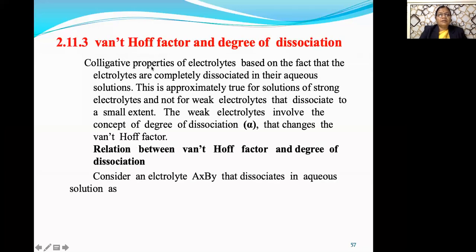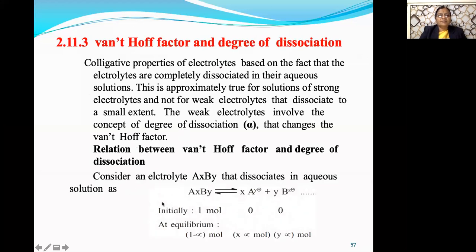Van't Hoff factor i and degree of dissociation. Now, Van't Hoff factor i, I just told the definition here. Van't Hoff factor i is the ratio of what? In terms of molar mass, M theoretical upon M observed. In terms of colligative property, it is the colligative property of the electrolyte solution divided by the colligative property of the non-electrolyte of the same concentration.